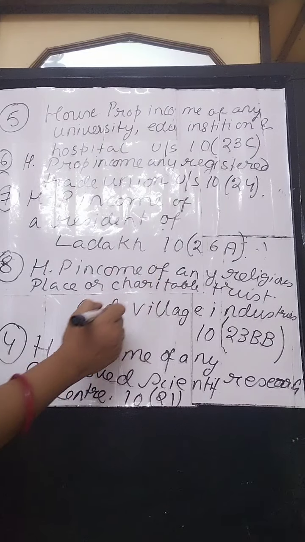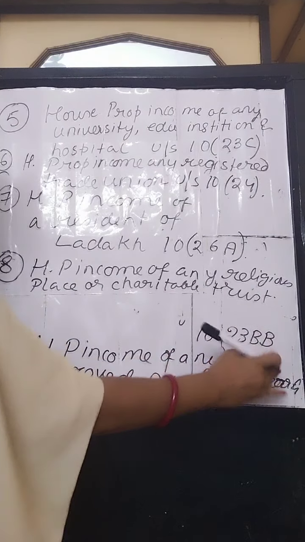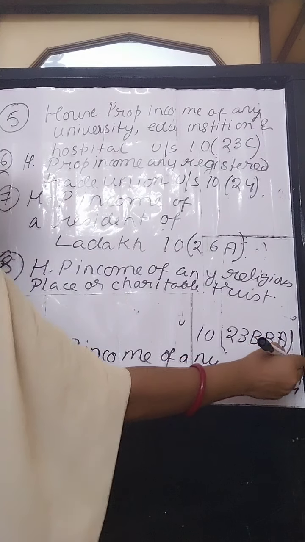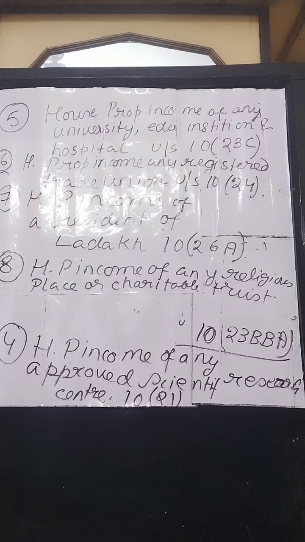Section 10(23BB) was for Khadi and village industry, but 10(23BBA) is the section for income from house property of any religious place or charitable institute.